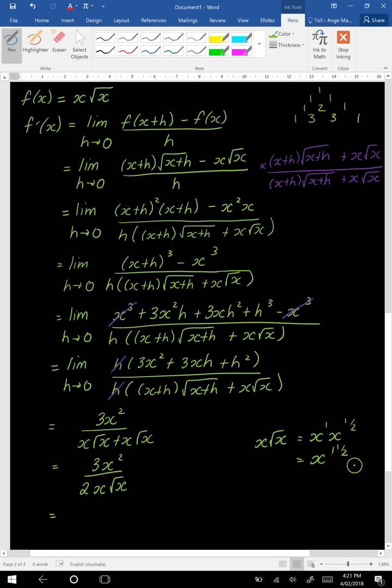So 2 take 1.5 is a half, which means that's x to the half, and we can write that as root x rather than x to the half. But if you write it as x to the half, that's fine as well. So we end up with that, and that's the end.